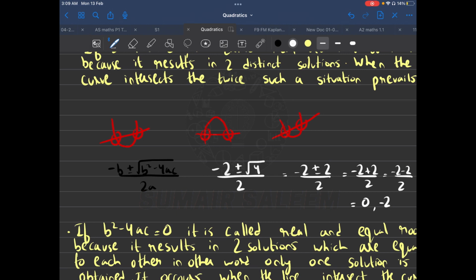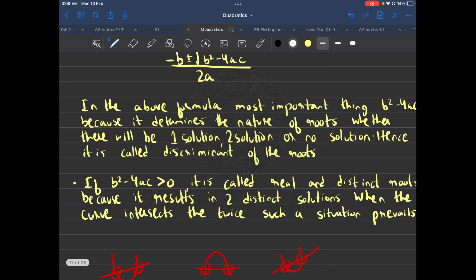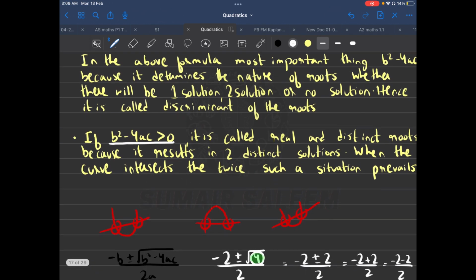So I notice if this 4 is positive or greater than 0, how many answers am I getting? 2 answers, which proves that if the curve and line have 2 solutions, it's always b square minus 4ac greater than 0.